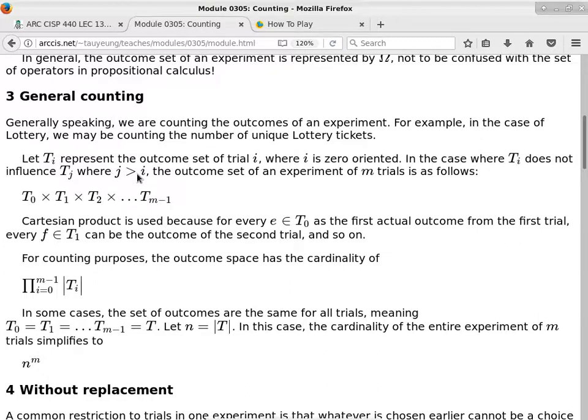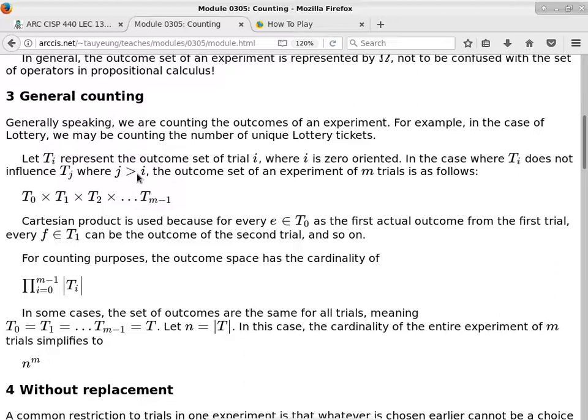If you want an example of an experiment where one trial does not affect the other trials, flipping a coin is one of those. Okay, you flip a coin, assuming your coin is not damaged in the process of flipping. The second flip of the coin, the first flip does not affect the outcome of the second flip at all in any way. Is that okay? Is that making any sense?